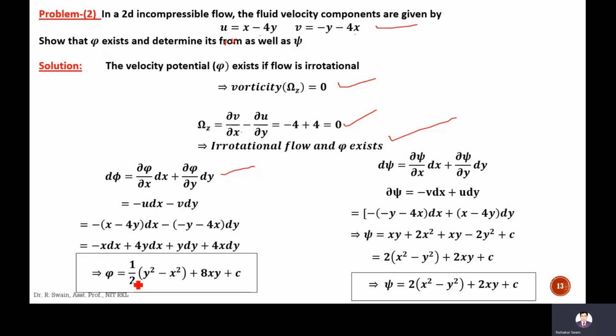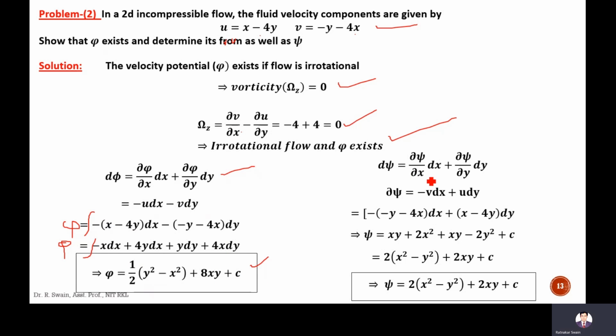We'll get phi is half of y square minus x square plus 8xy plus c. So here d phi is given and phi will be the integration of this term.